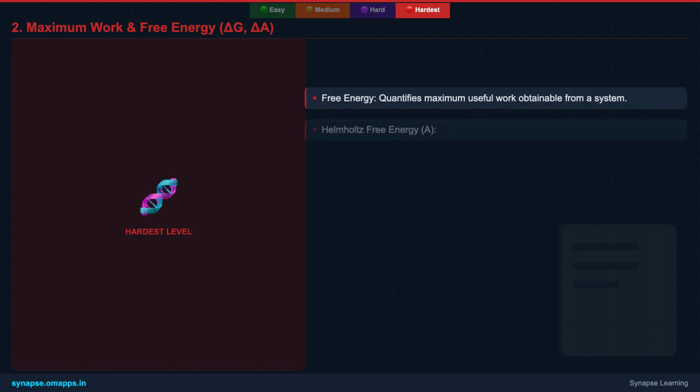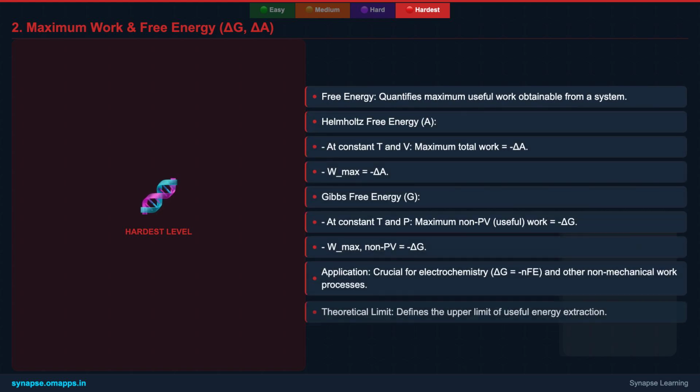The concepts of Gibbs and Helmholtz free energies are deeply connected to the maximum useful work a system can perform. At constant temperature and volume, the maximum work, excluding PV work, is given by the change in Helmholtz free energy, delta A. More commonly, at constant temperature and pressure, the maximum non-PV work is given by the change in Gibbs free energy, delta G. This is why delta G is so important in electrochemistry, defining the maximum electrical work obtainable from a reaction.